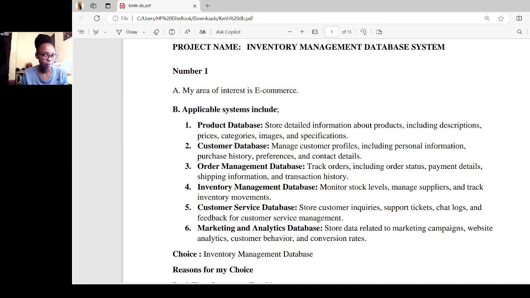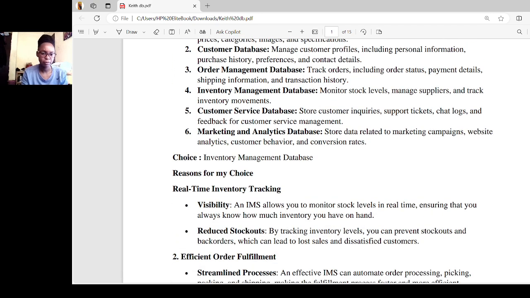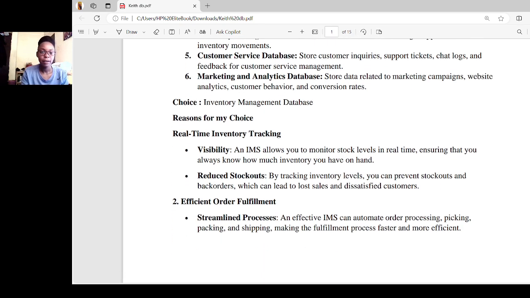However, I chose the inventory management database system. Reasons for why I chose this one: to ensure you can keep track of your inventory, you can keep track of the fulfillment of customers' orders.